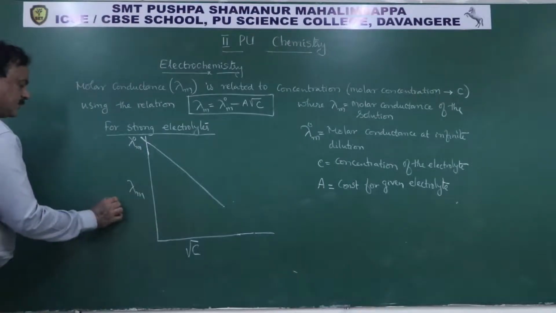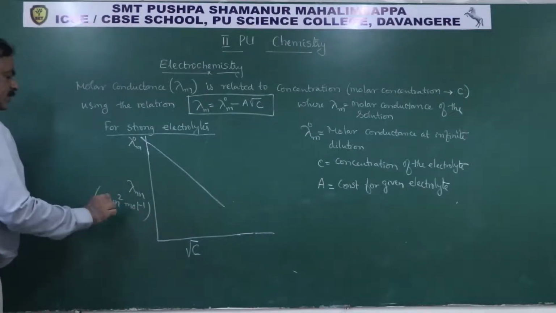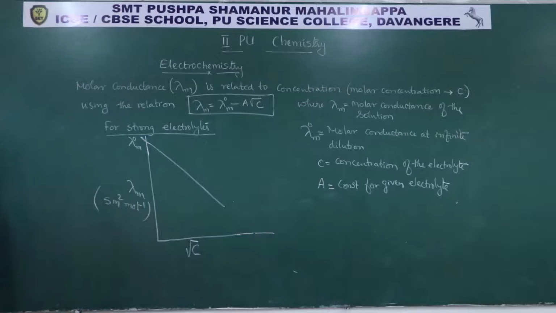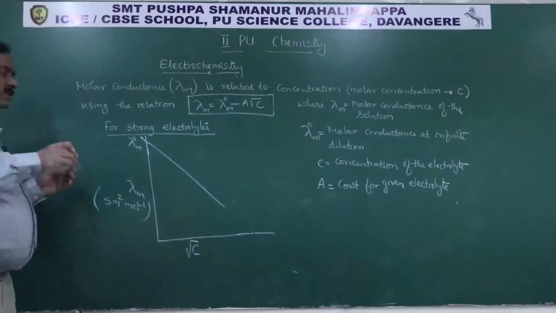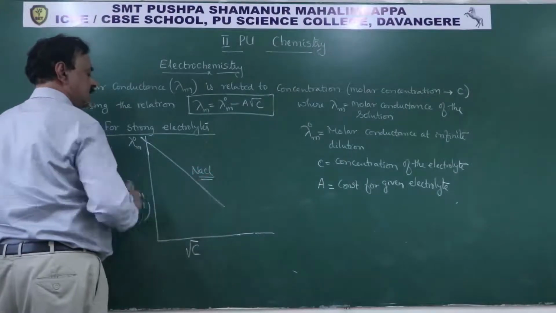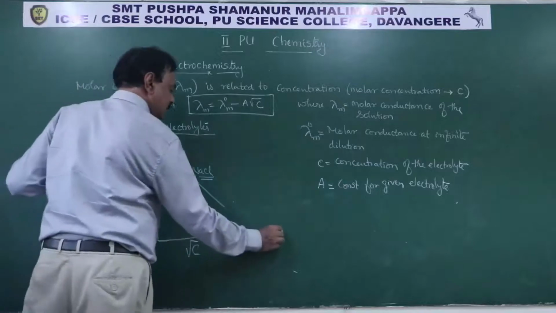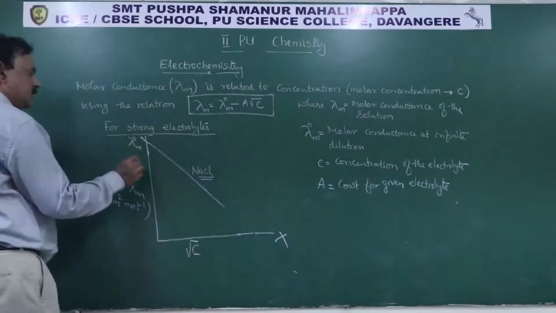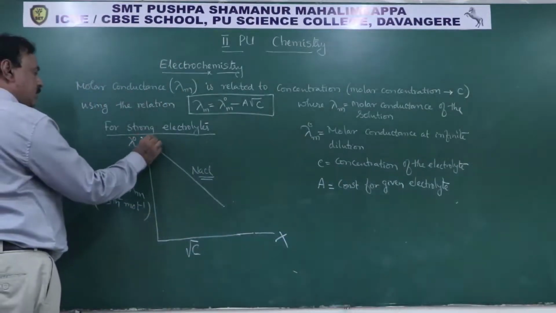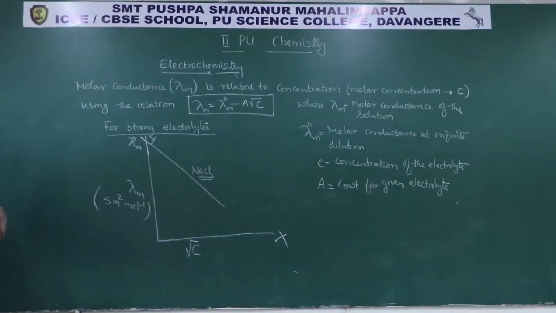This is for NaCl: the x-axis is the square root of concentration and the y-axis is the molar conductance of the solution.